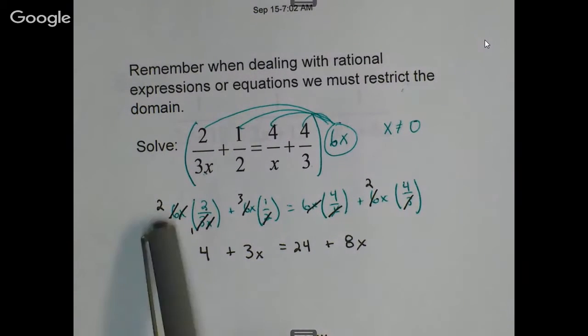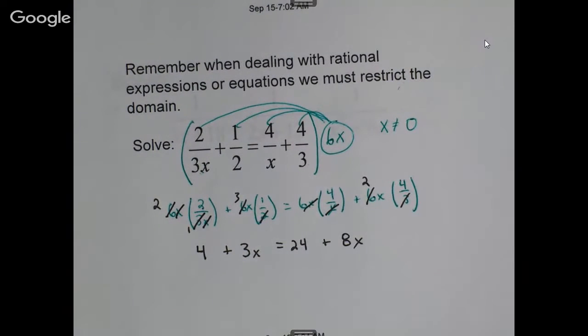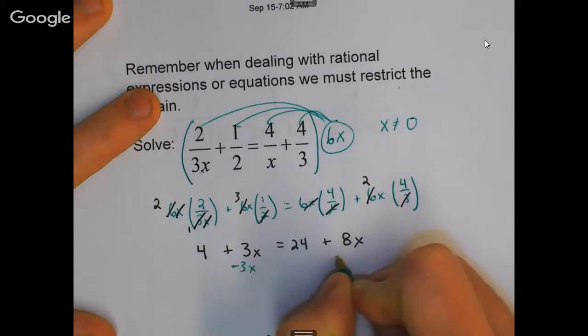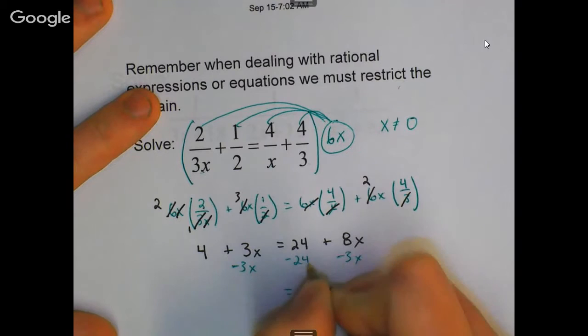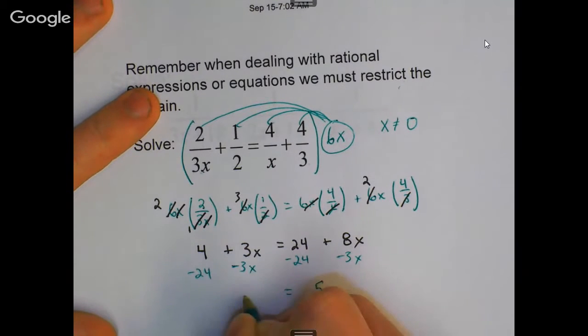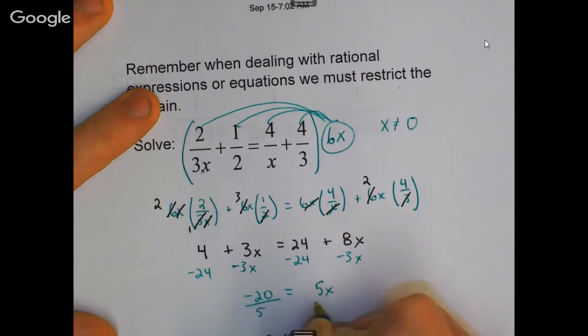Now, if you can skip this long step, you can. You don't have to write that out. So we'll minus 3x, you get 5x equals 24 minus 4, which is 20, and divide by 5.